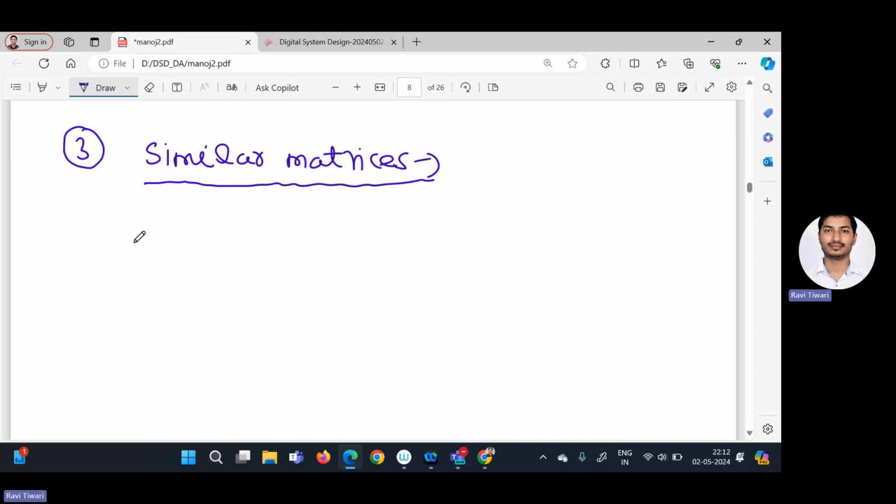Next concept I am going to discuss is similar matrices. What is the definition of similar matrices?